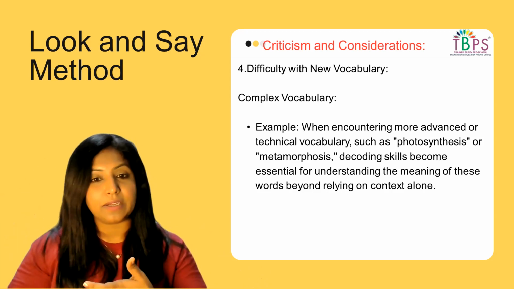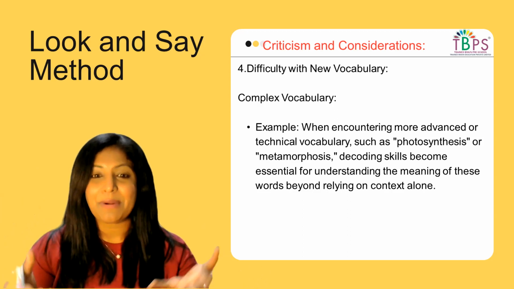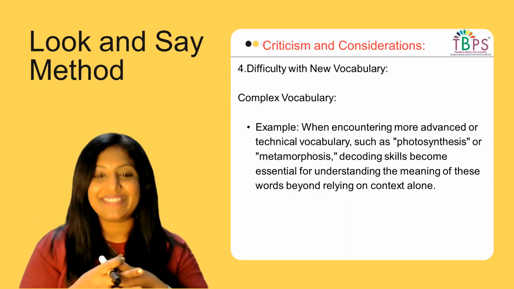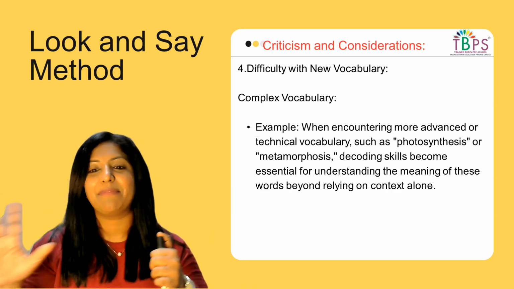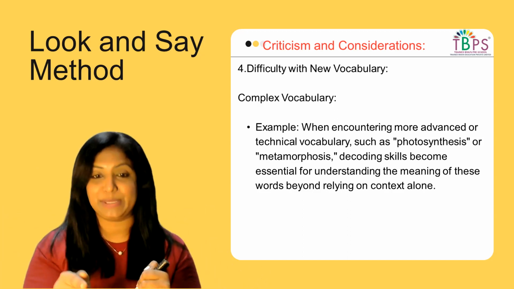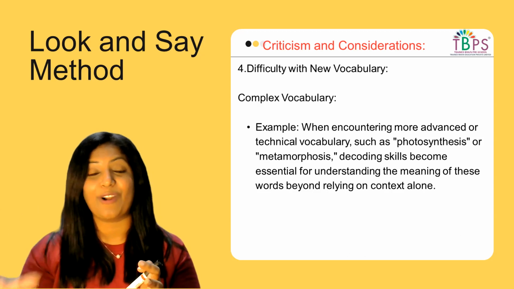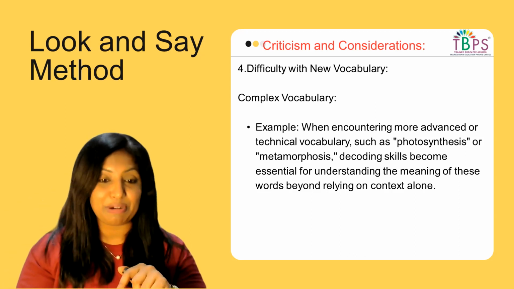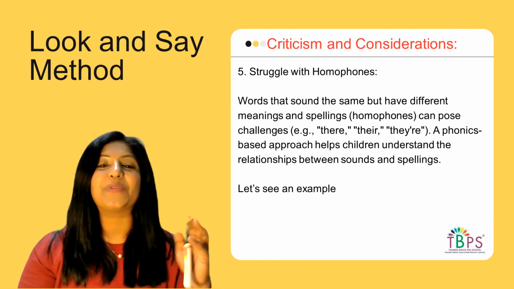I would break the word, so the child would develop a decoding skill. So it becomes easy for them to understand, isn't it? Now, in look and say, it becomes difficult because they have to understand the meaning of these words. Not only that, beyond understanding the context, they should also learn the meaning of this and also the spellings of it, right? So this is also one of the struggles.